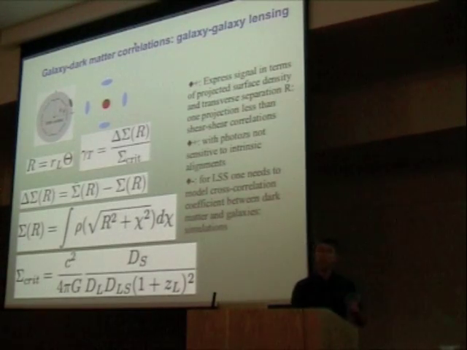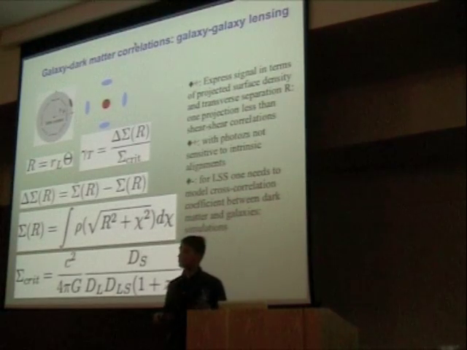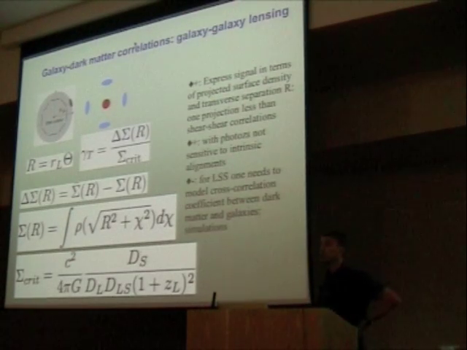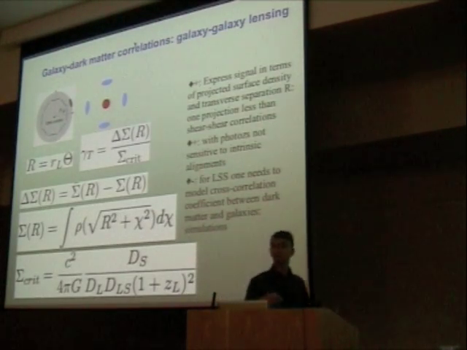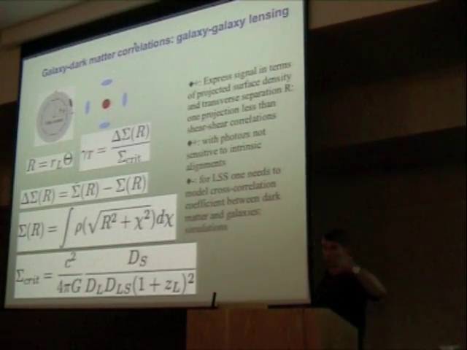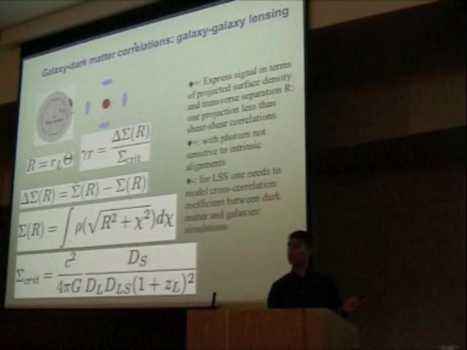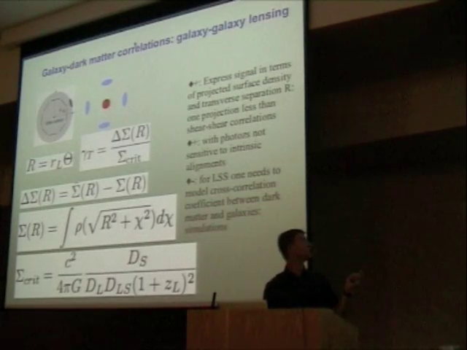But basically, if you have the redshift of the lens and the redshift of the source, you can calculate this. Now typically we have the redshift of the lens if we do this on some spectroscopic objects. We have some redshift distribution for the source, and so this becomes a kind of average. The sigma crit is some kind of average over the redshift distribution of the source galaxies. All right, so one advantage therefore is that this is done in terms of actual projected density and in terms of actual projected distance and not angles.